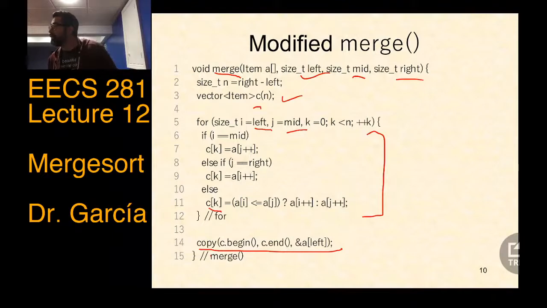What's the point of creating a vector if you're just going to copy it over at the end? Oh, good. That's actually a good question, but it goes to the heart of whether we would try to make merge sort in place, or actually just the merge function, which is what we're looking at. If we wanted to make this merge function in place, we would seek a way to implement this such that we would not create the separate vector C in line 3.